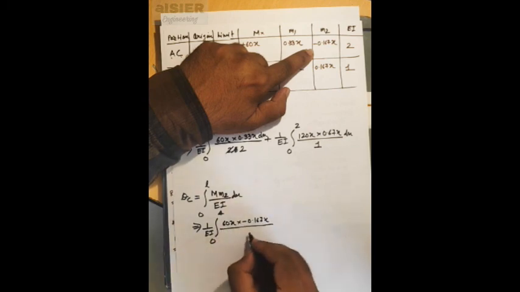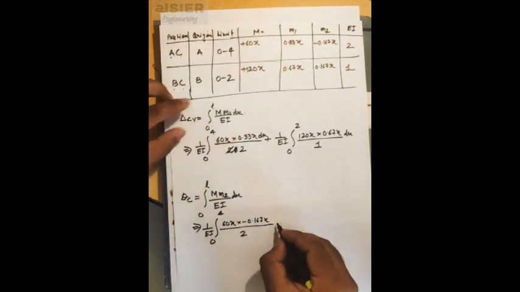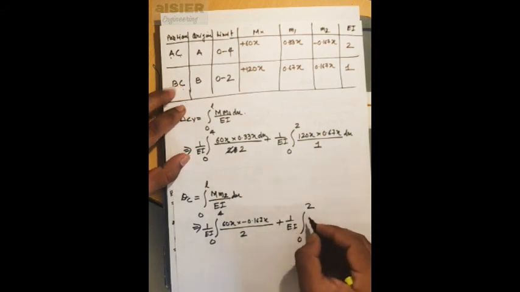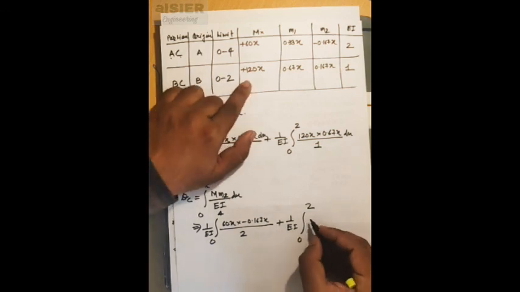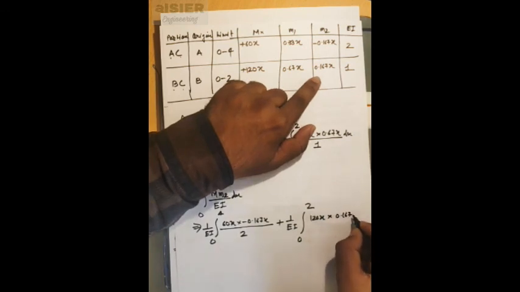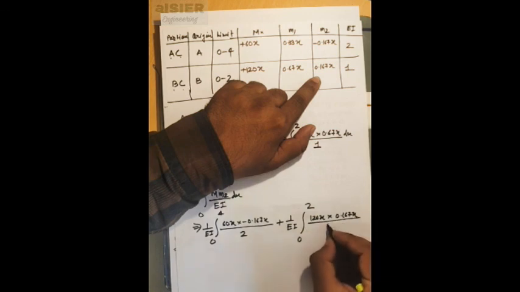0.167x upon the value of EI which is 2, plus take EI out as common, 0 to 2, limits for the BC region, capital M is 120x and small m2 is 0.167x divided by, sorry, EI is already taken out, divided by 1 dx.